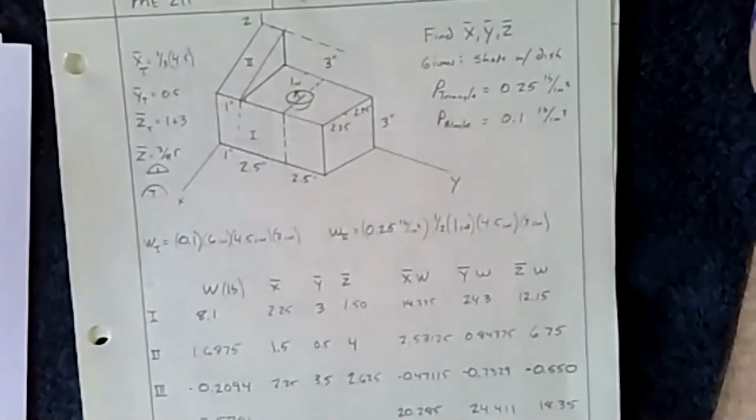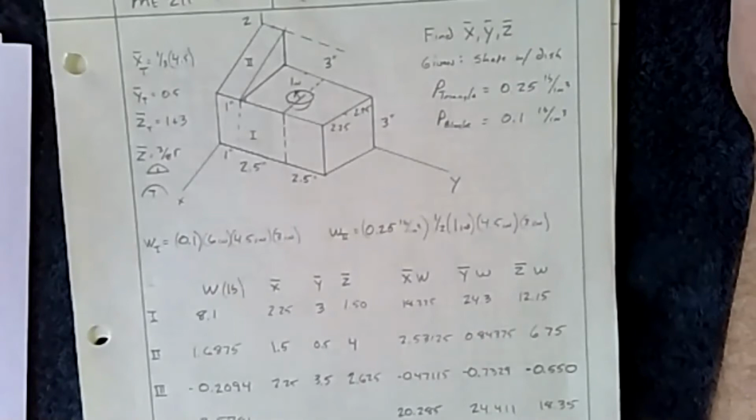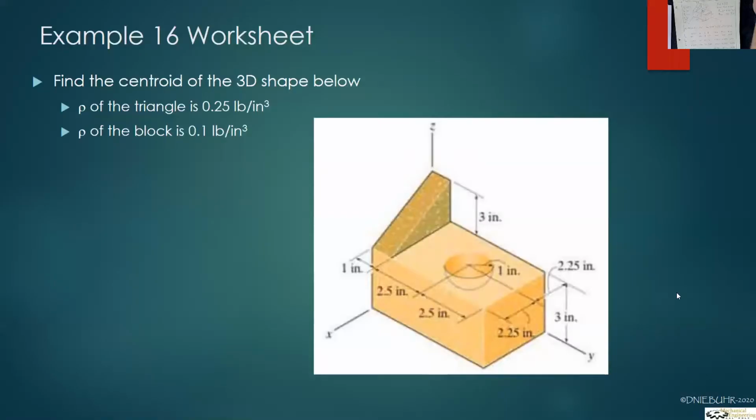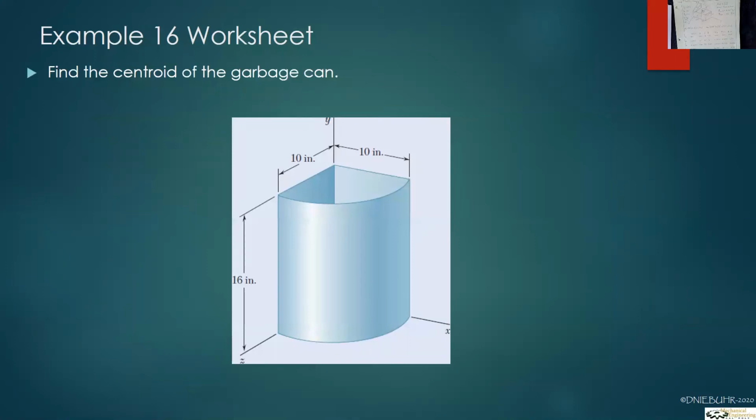So I want to do one more three-dimensional, and this one is something where you have essentially no thickness. There's a homework problem like this where you calculate the centroid of a potato chip, or it looks like a potato chip. And here we have our sheet metal garbage can.